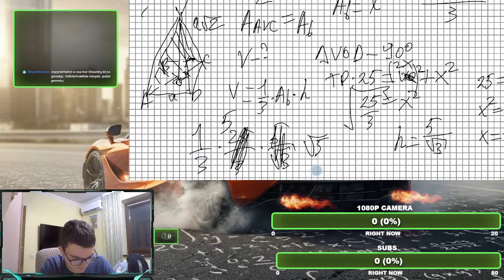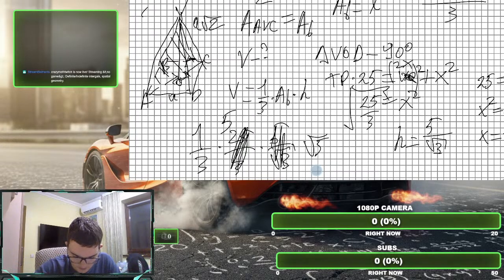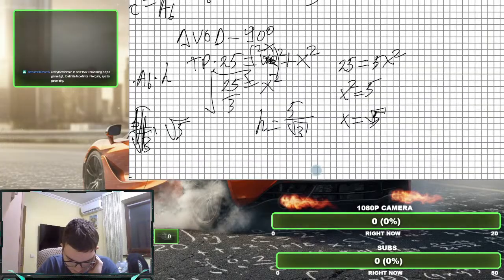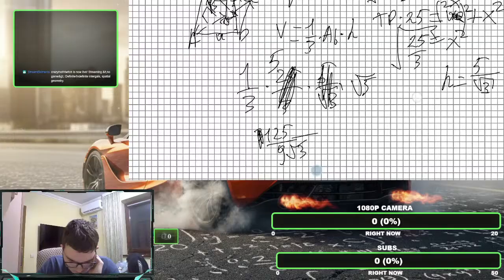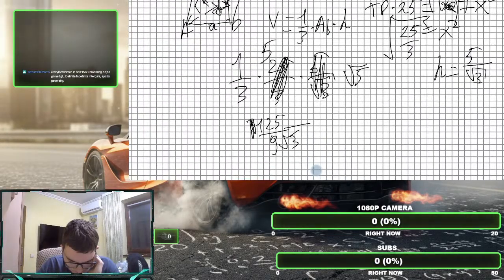Okay. Pop, the result is 20 square root of 5 divided by 3. Top G, that's correct. So I think I stopped where 2 square root of 5, and then 125 divided by 9 square root of 3.